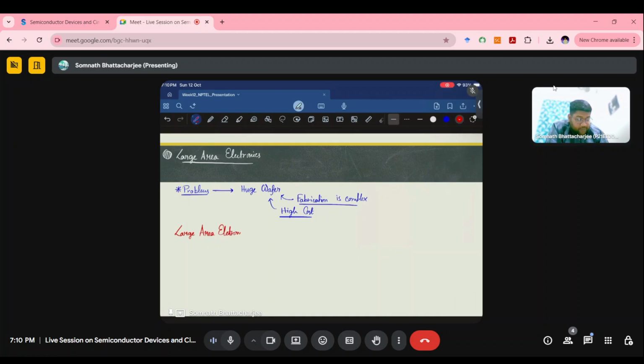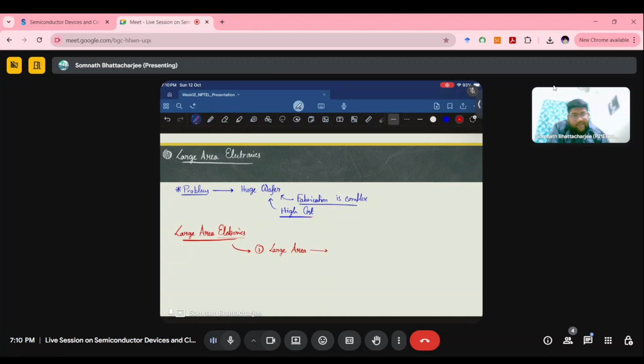So this is completely for the consumers, and the main advantage you can say is that it can be used over a large area.